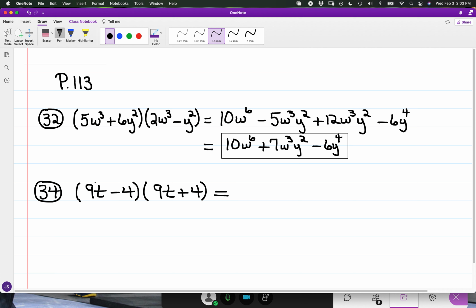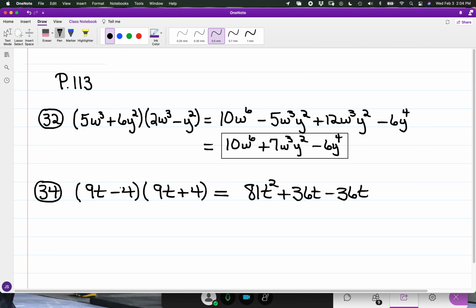So for 9t times 9t, we come out to 81t squared. The outside and the inside products will end up becoming additive inverses of each other. So connecting 9t with 4, you have a positive 36t, and connecting negative 4 with 9t, we have minus 36t.